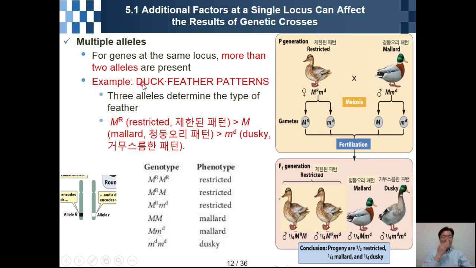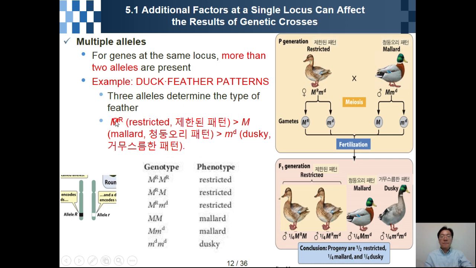A very famous example is the dog feather pattern. Usually there are three alleles that determine the type of the feather. One is large R, which means the restricted pattern. The feather looks like brown.